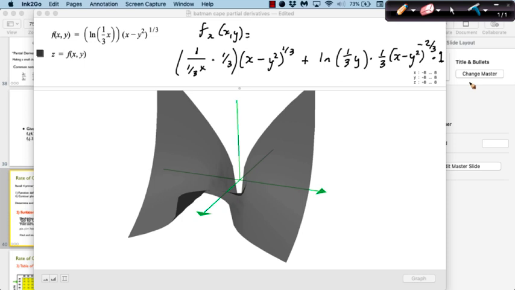Okay, you guys do the partial with respect to y. Product rule? You don't need product rule, because this is not a function of y. Just consider it a constant. All right, questions on this one? Did I make a mistake? Natural log 1/3 y and not natural x? It should be x.